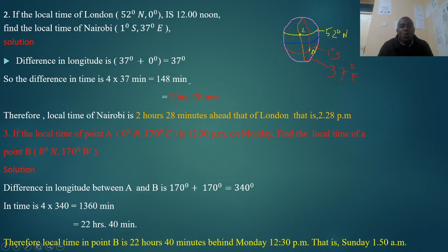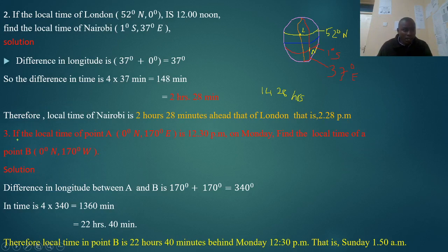So we add 12 plus 2 hours 28 minutes, and it becomes 14:28 hours, or somebody can say 2:28 p.m. In the 24-hour clock system, you write 14:28 hours. That is correct, or you write it as 2:28 p.m. That is still correct.